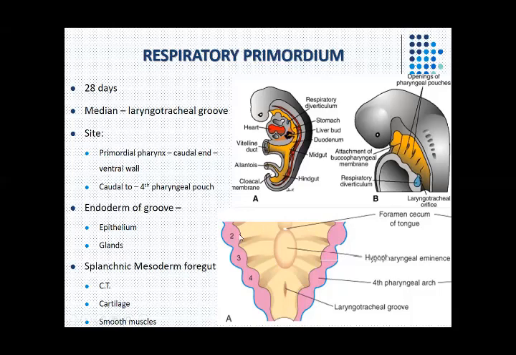Pharynx का interior जो है, inside of the pharynx is lined by endoderm. ठीक है, जबकि ये जो pharyngeal arches हैं, I just told you, ये condensed mesenchyme है. So this is mesenchyme, जबकि ये जो lining है इसकी, this is endoderm.